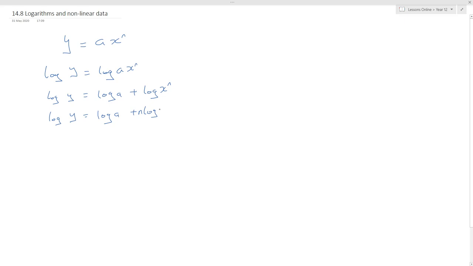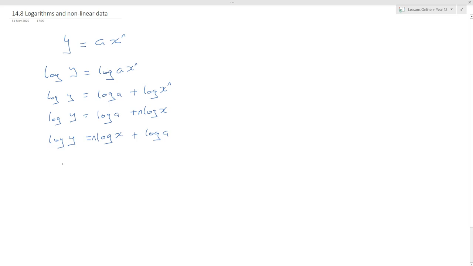n log x. Because log x is our variable and log y is the other variable, I'm going to rewrite this as log of y equals n log x plus log of a.